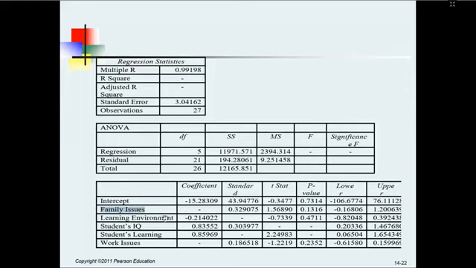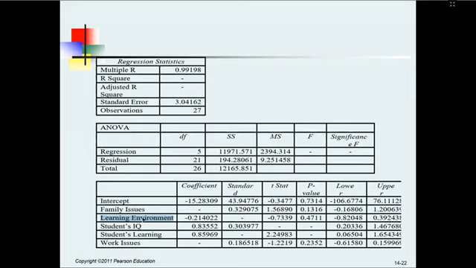What about learning environment? Does it affect your performance? What about the student's IQ? Good. Student learning, that's your ability to learn. And work issues. Maybe you have some problems at your workplace.